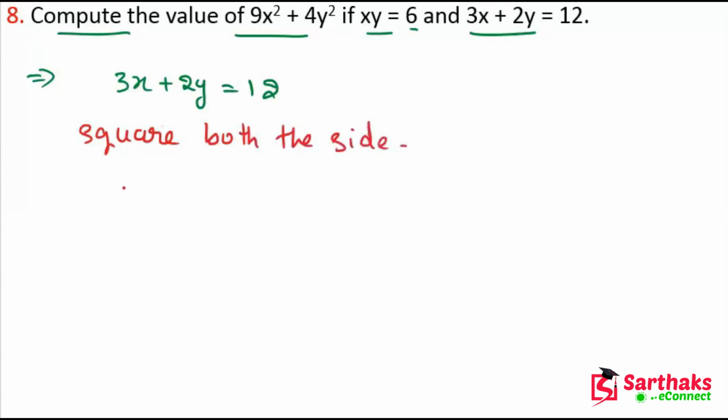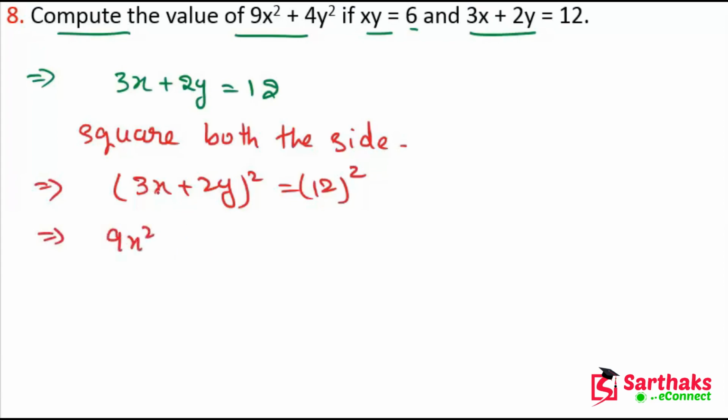So this will become 3x plus 2y whole square, which is equal to 12 square, which is 144. So this will become 9x square plus 4y square, plus 2 into 3x into 2y.